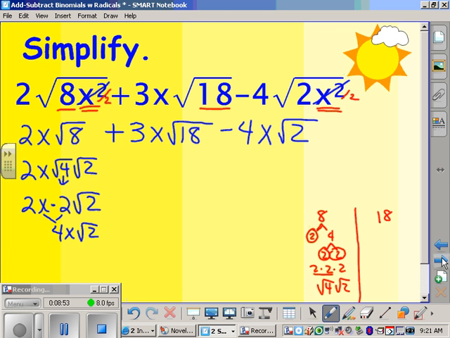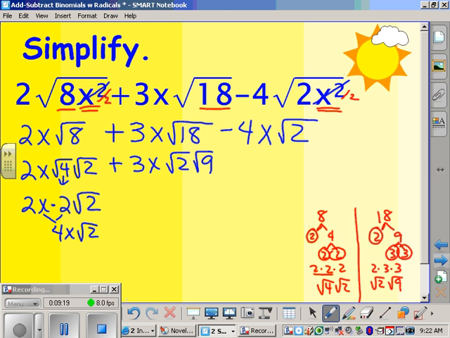Let's now move to the radical 18 and break that down. We get 2 and 9 and 3 and 3. So we get 2 times 3 times 3, which would be radical 2, radical 9. Now let's transfer that up here, drop down the 3x, and then we have radical 2, radical 9.